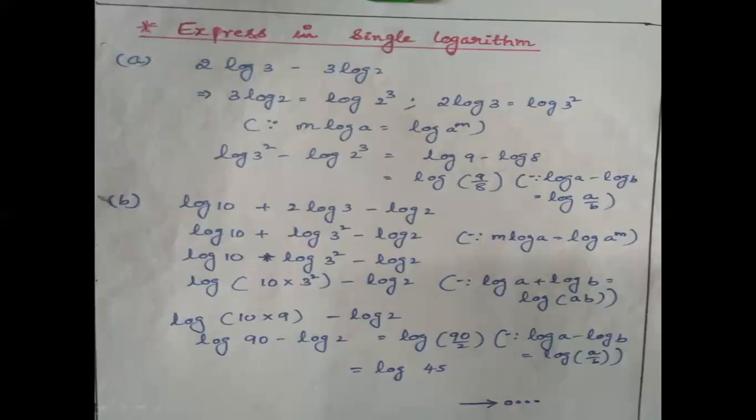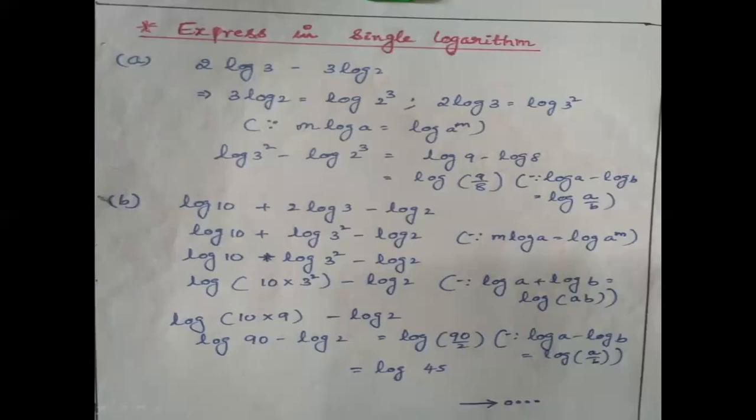Now the second model, that is log 10 plus 2 log 3 minus log 2. How is this to be converted into a single logarithm? Log 10 plus log 3 square minus log 2. You all know that 2 log 3 can be written as log 3 square.